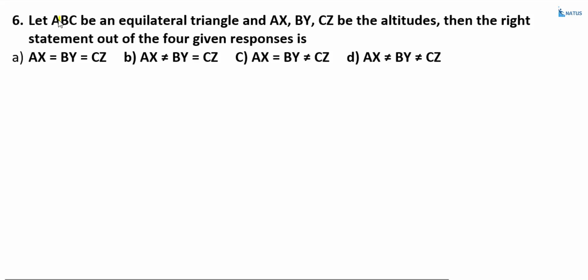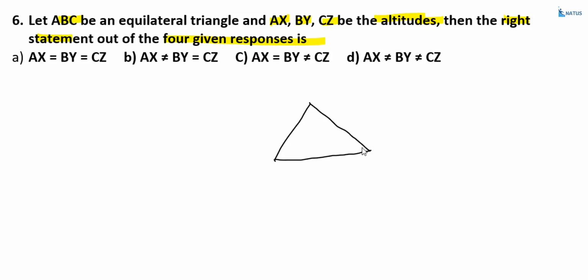Let ABC be an equilateral triangle. AX, BY, CZ be the altitudes. What are the altitudes? Perpendiculars. Then the right statement out of the four given responses is? Here ABC is an equilateral triangle. AX is an altitude.